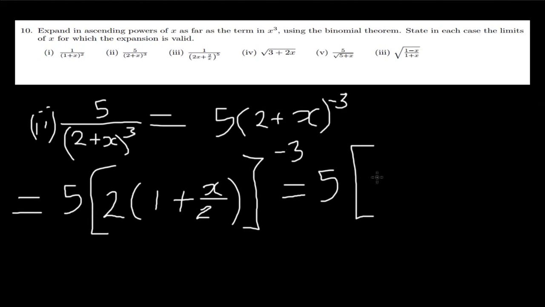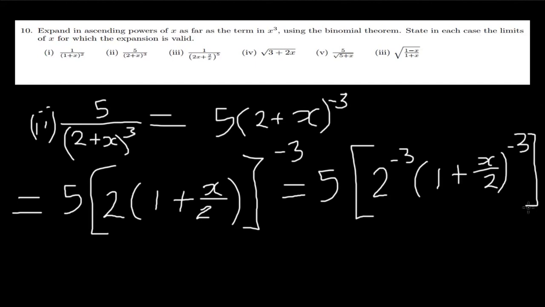So I'm going to write 2 to the power negative 3, open brackets, 1 plus x over 2, to the power negative 3. Hope we are all following, because this is very simple.